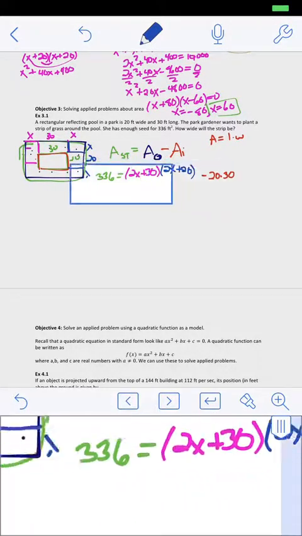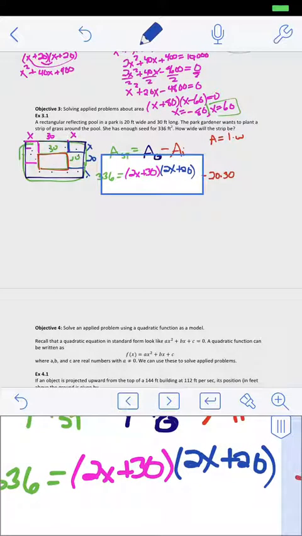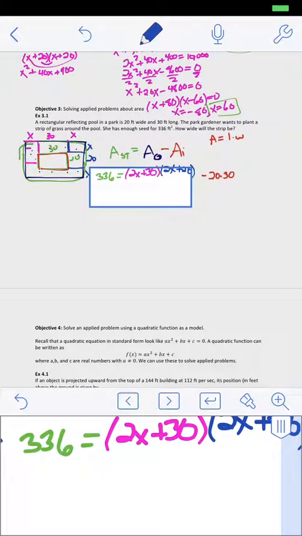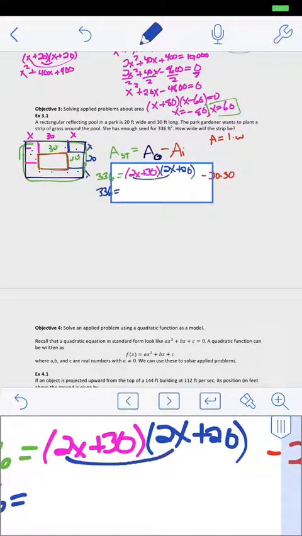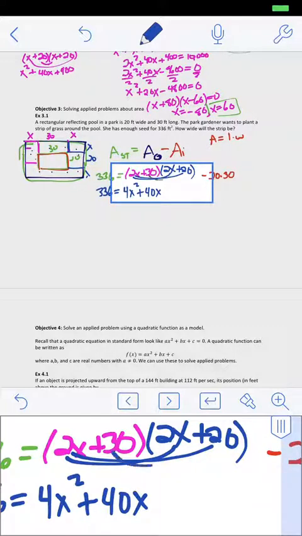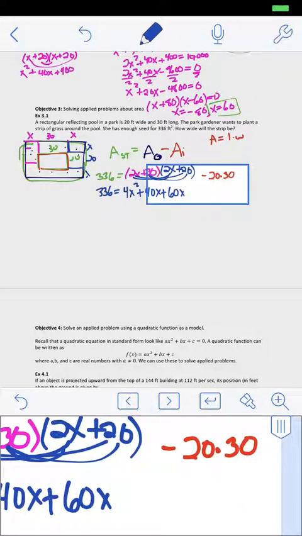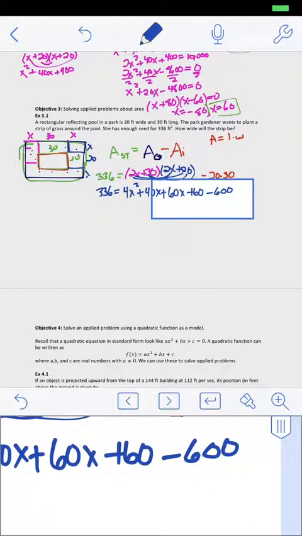Alrighty. And I have translated. Now I can simplify. So I have 336 is equal to, let's multiply these two, 4x squared plus 40x plus 60x plus 600. And then over here I have a minus 600. Simplify some terms.